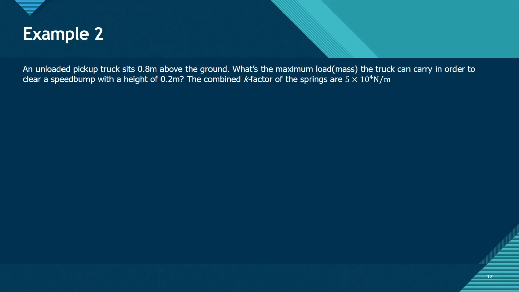The combined K factor of all the springs within the vehicle is 5 times 10 to the 4 newtons per meter. This pickup truck has 4 springs. When springs are in parallel, they distribute the load, but in this case they're identical and it's very simplified, so you can treat it as just one big spring.